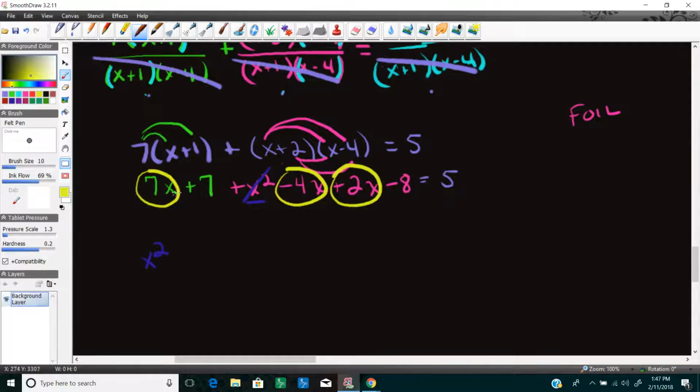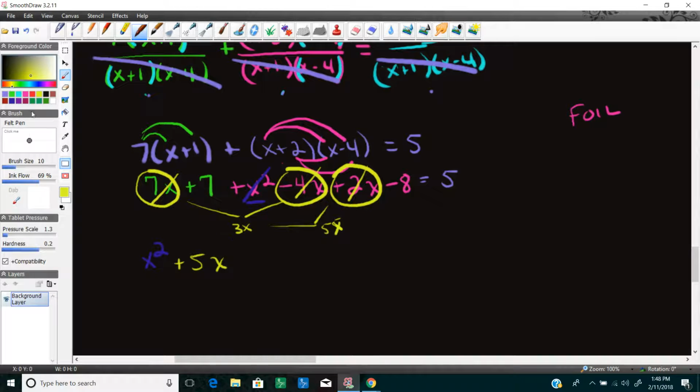So 7x minus 4x is 3x. So these two are 3x, and then 3x plus 2x is 5x. So I have plus 5x. I'm going to go ahead and cross those out now. All I did is add the x's together.